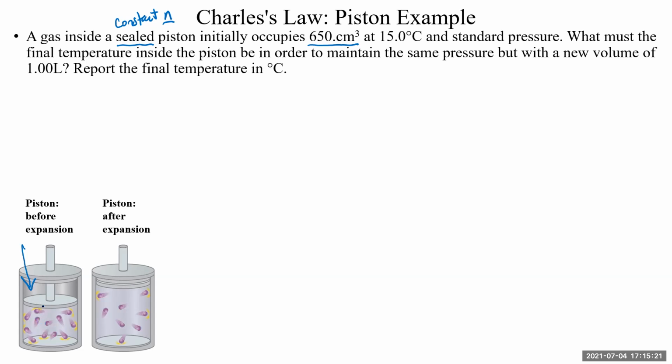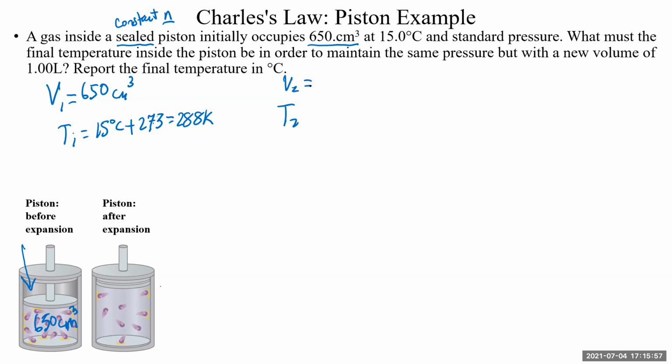This is our beginning. 650 cc's, or cubic centimeters, so that's our V1, 650 cubic centimeters. At 15 degrees Celsius, so our T1 is going to be 15 degrees Celsius plus 273. That's going to be 288 Kelvin. So I'm going to convert that temperature right away.